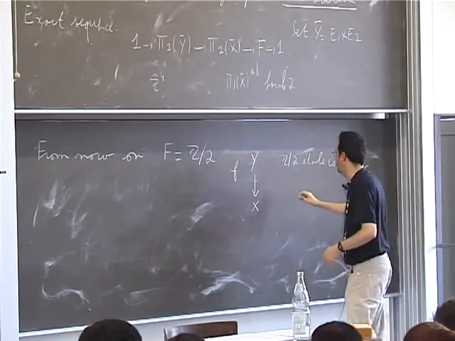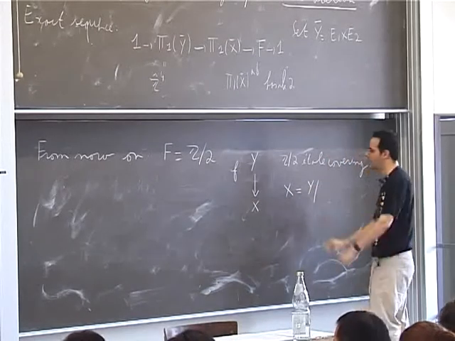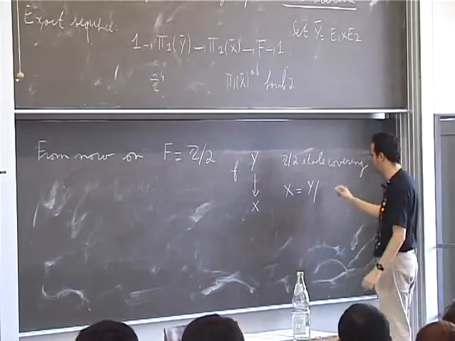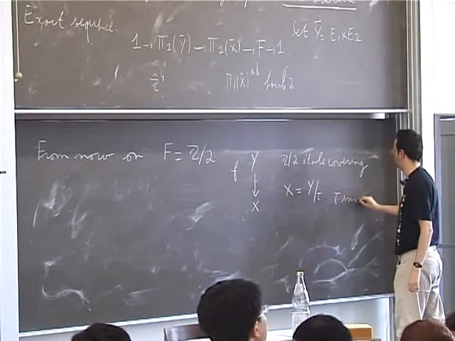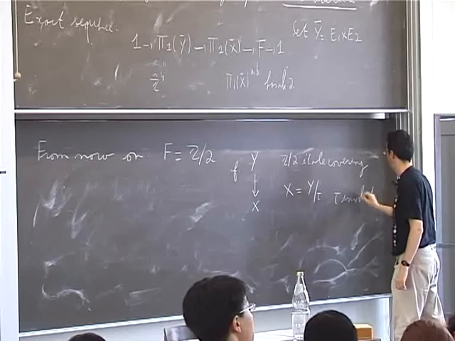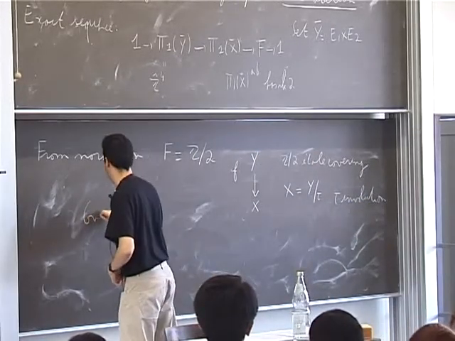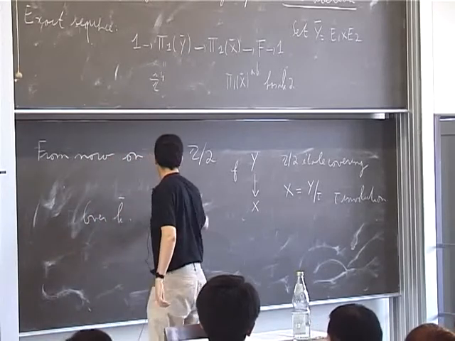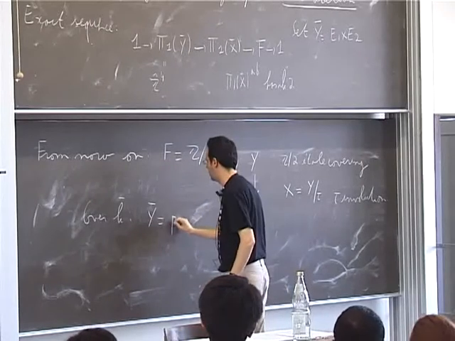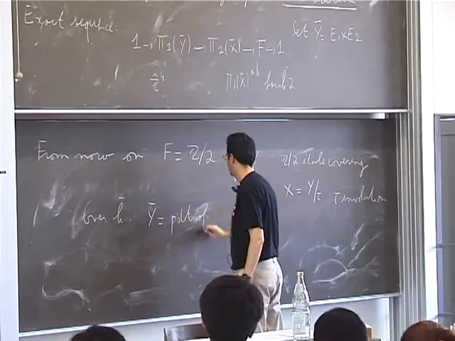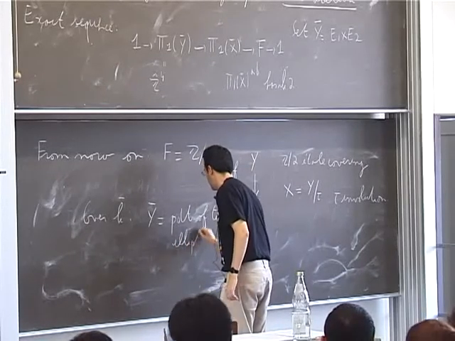And so X is the quotient of Y by a fixed point free involution, say tau. And over k bar, this Y bar is going to be the product of two elliptic curves. So this is the situation.